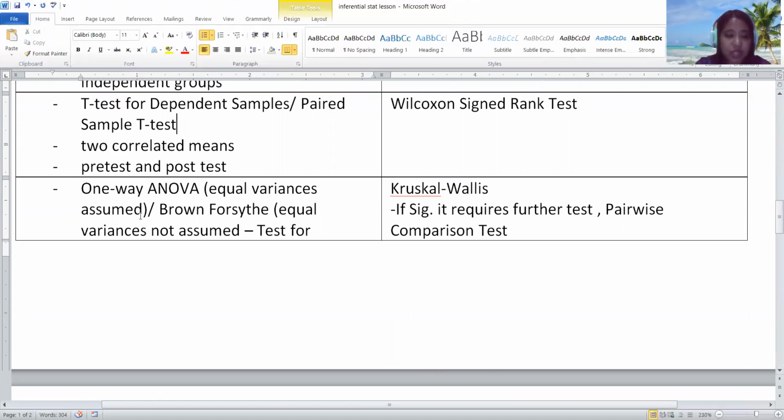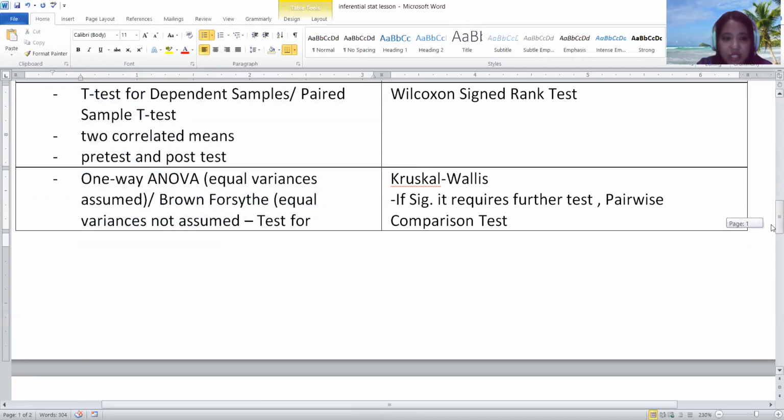Aside from the data being interval and normally distributed, you also need to consider the test of homogeneity, which shows that there is equal variances assumed. Just in case you did not meet this condition, the counterpart of one-way Anova is the Brown-Forsythe. This is used when equal variances is not assumed.